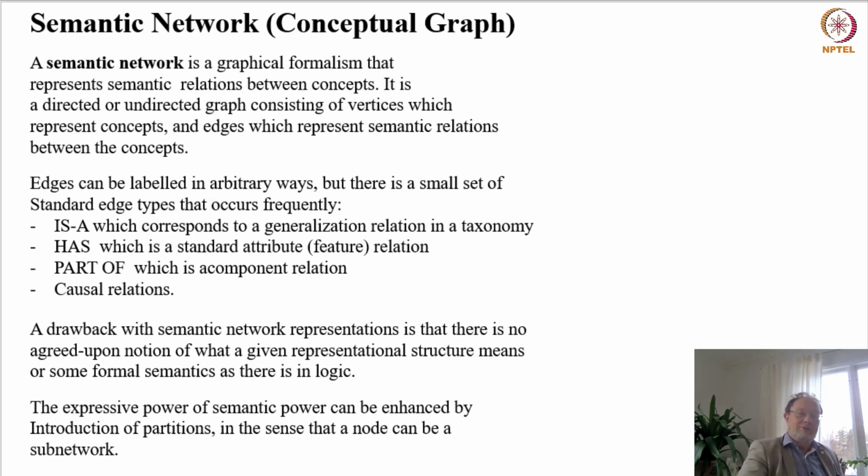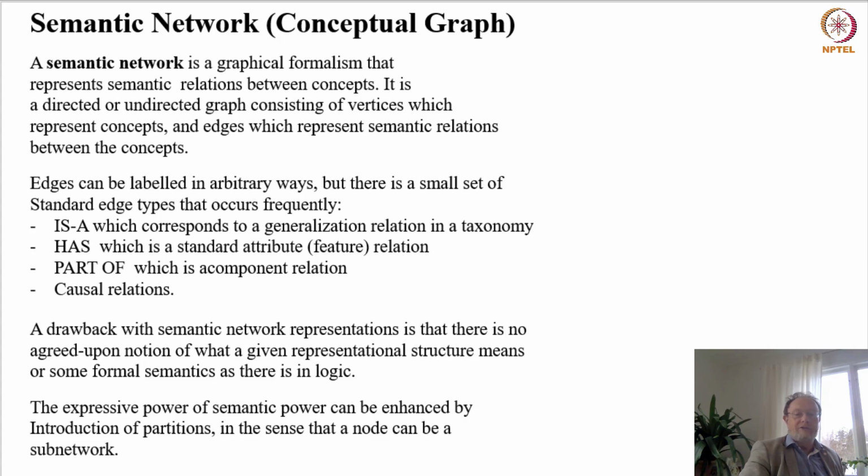So if you go from one domain to another, you find syntactically it looks the same, but the intention of what is in the representation is domain specific. So therefore, it's much more difficult to compare what is done in different cases.